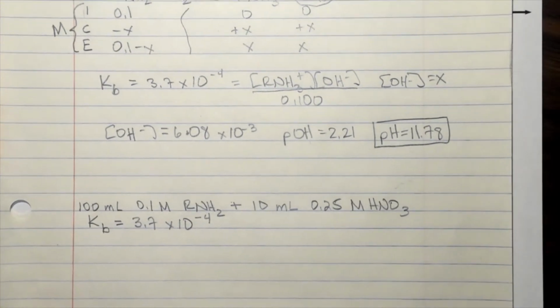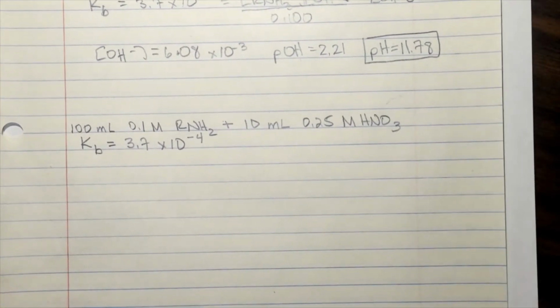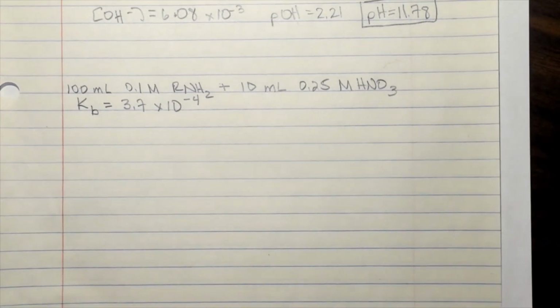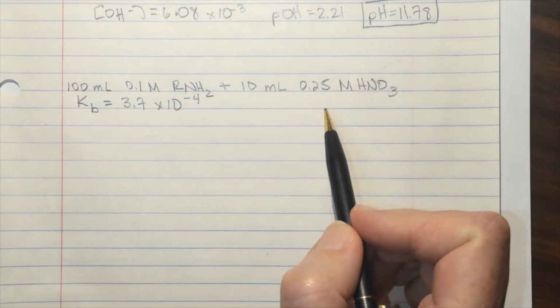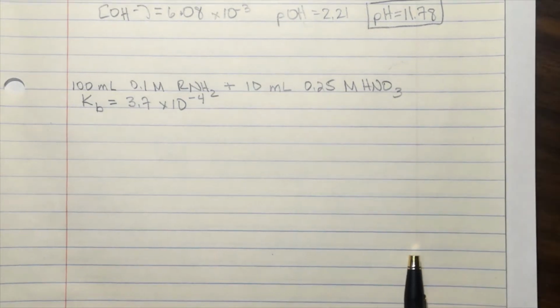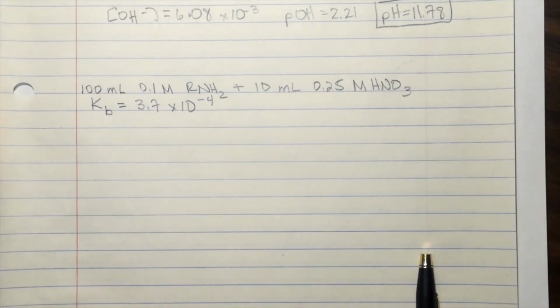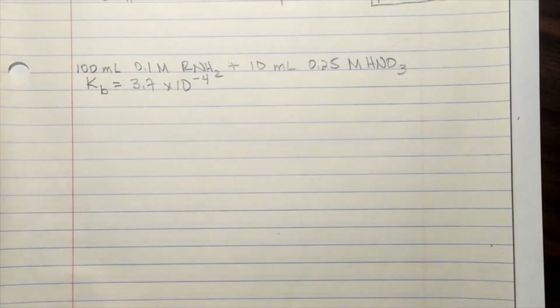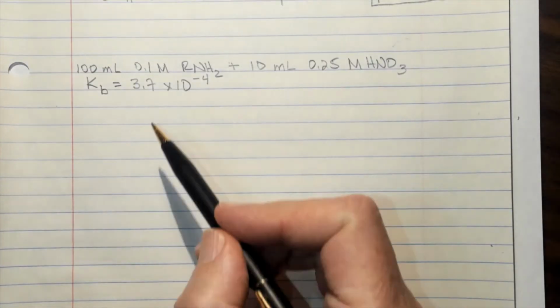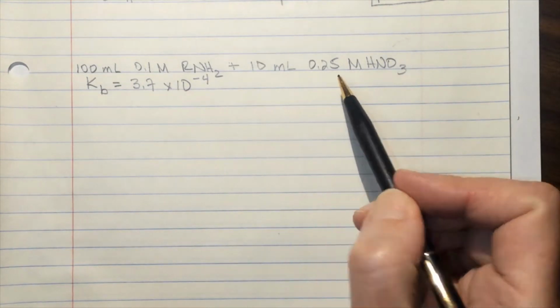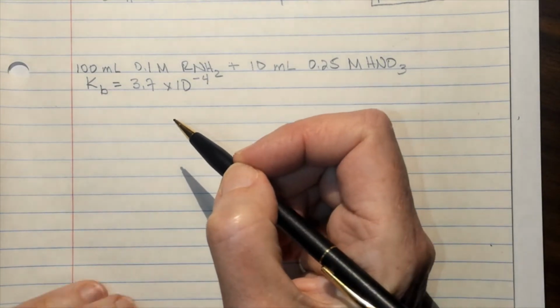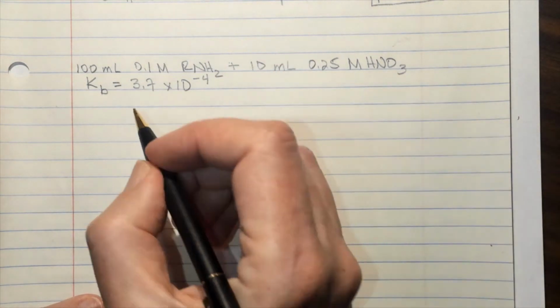Okay, let's take a look at our next problem. We're going to have 100 mLs of 0.1 molar RNH2 plus 10 mLs of 0.25 molar HNO3. We have a Kb value.